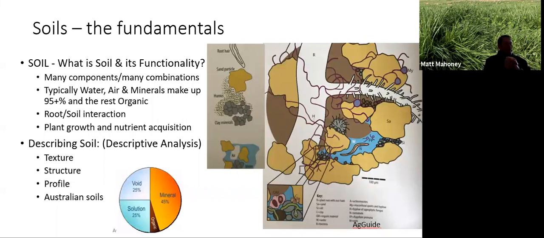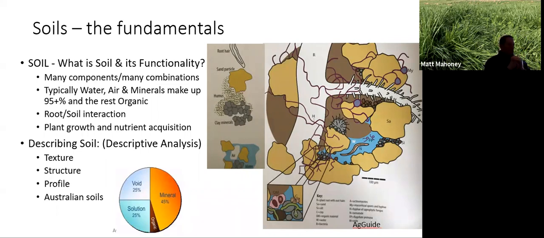So here on this slide it looks like heaps of stuff to take on board, but first of all, the functionality of soil. For it to function properly, and to know how it functions, it's good to understand all the different components and combinations of components that make up a soil.